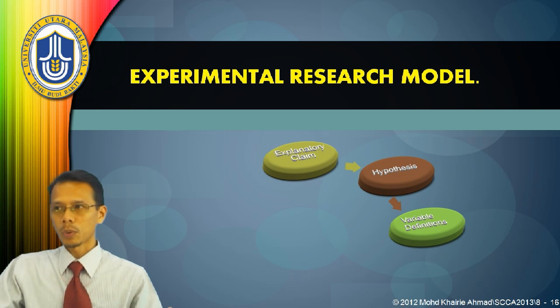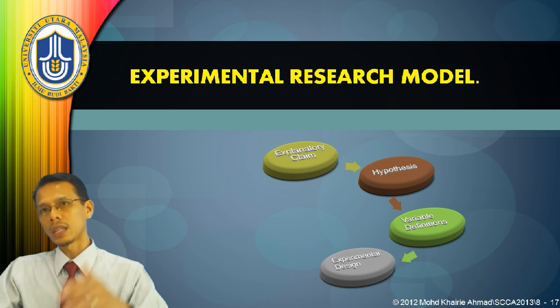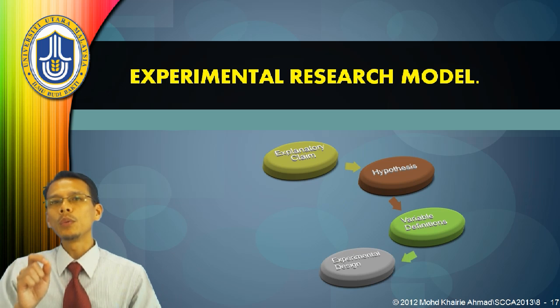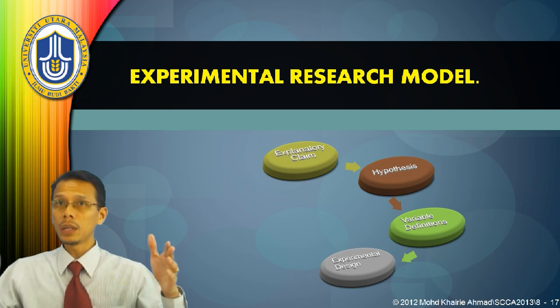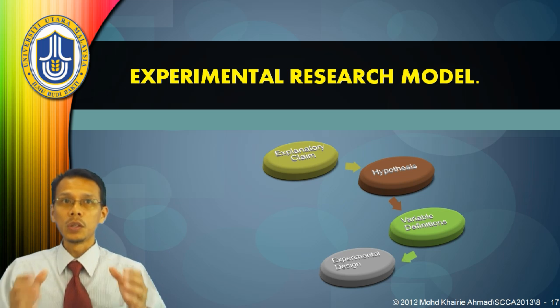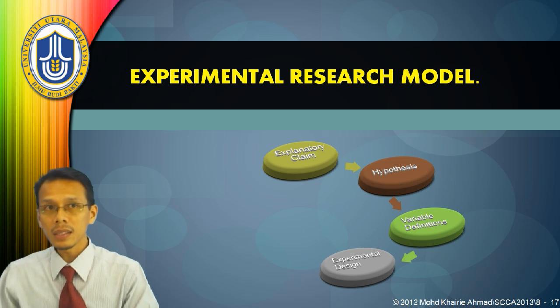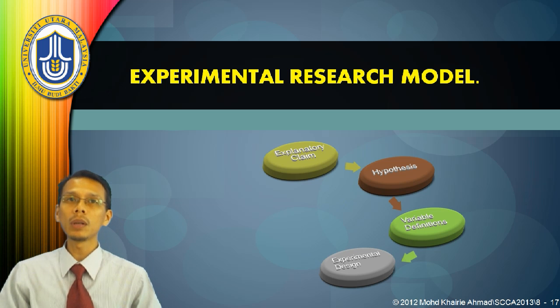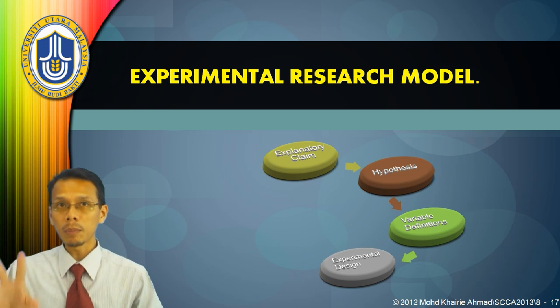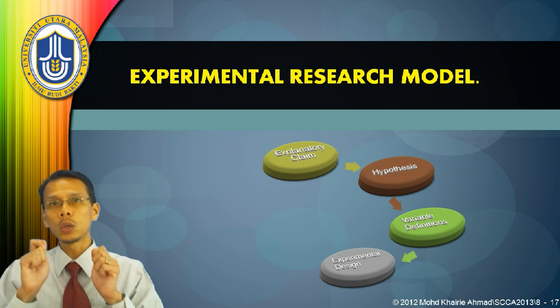The next process of experimental research is that we design our experiment. Is it going to be in a room? Is it going to be somewhere else? How are we going to impose the independent variables? Is it through viewing something? Is it through doing something?